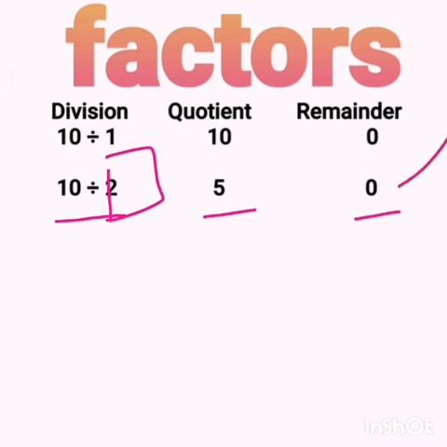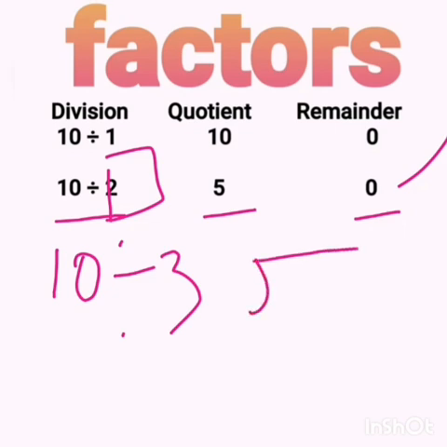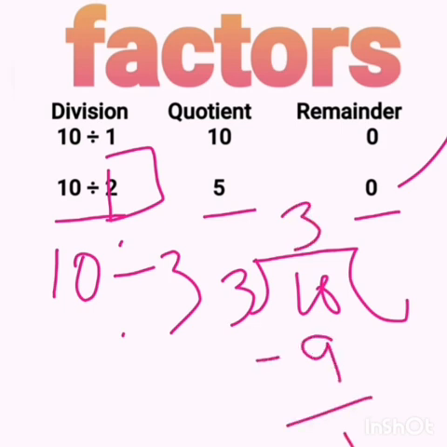What is the next step? What is the next number after 2? So the next number after 2 is 3. So I divide 10 by 3 and check. Now if I divide 10 by 3, how many times does 3 go into 10? 3 times, right? 10 minus 9 is 1.